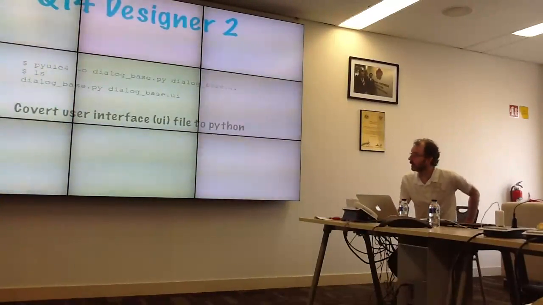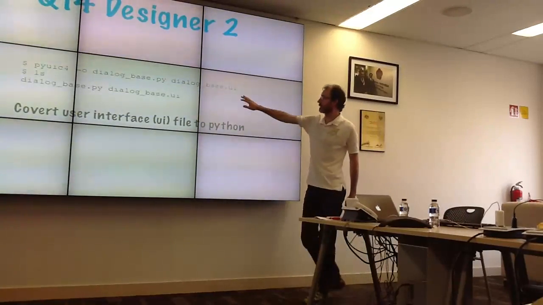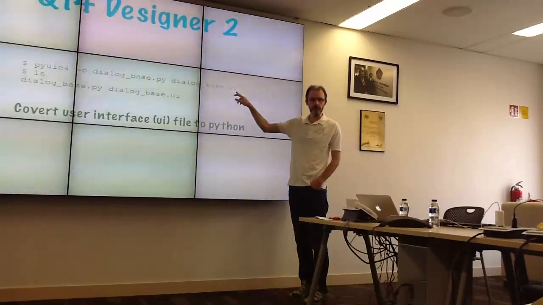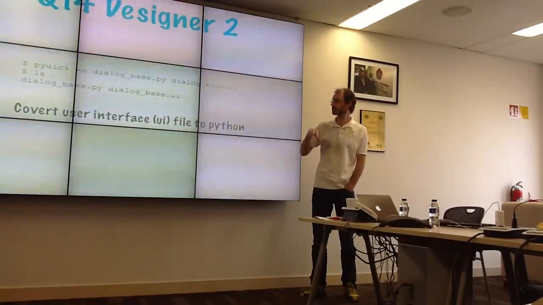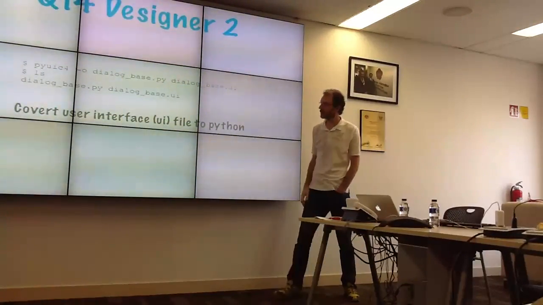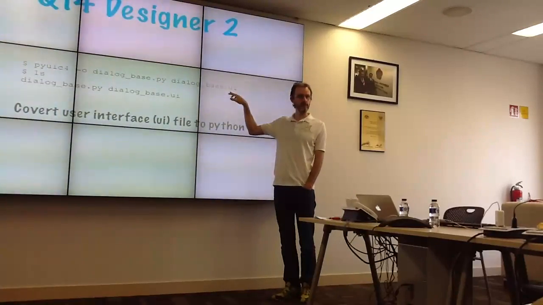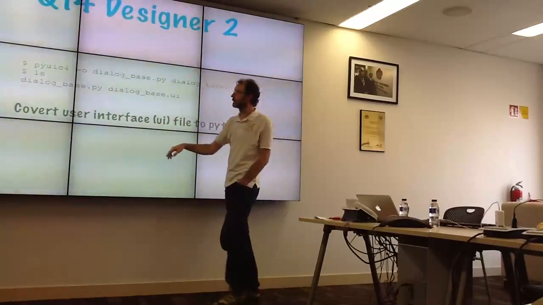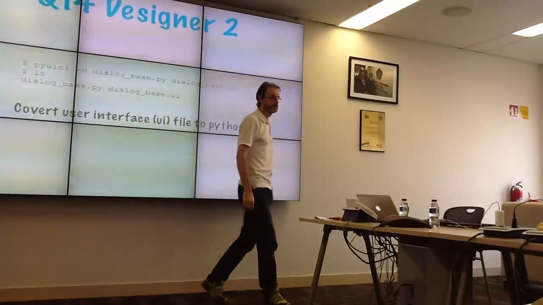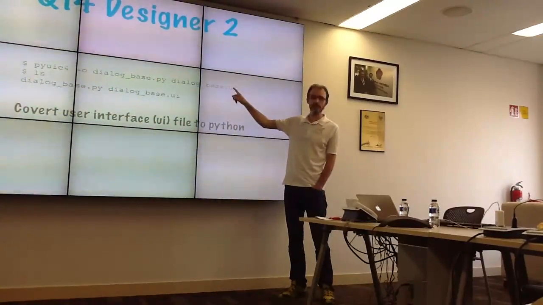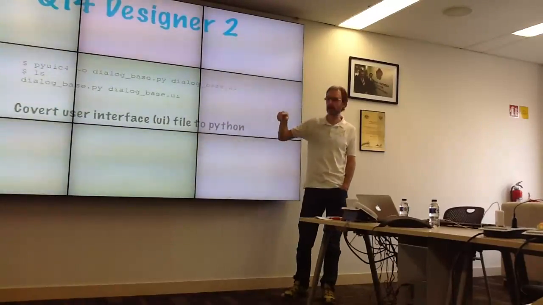And then one of the things is when you create this dialog, it creates this thing called a UI file, which is just an XML file describing the different buttons and widgets that you've placed onto the dialog. And then you can turn that UI file into Python code by running something called the Python UI compiler, which is going to parse this UI file and turn it into some Python code.